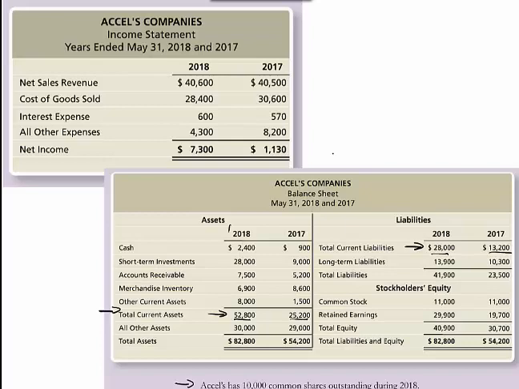So what I'm looking for is my cost of goods sold, which is here on my income statement, divided by average merchandise inventory, which means I'm going to average these 2 things together right here.